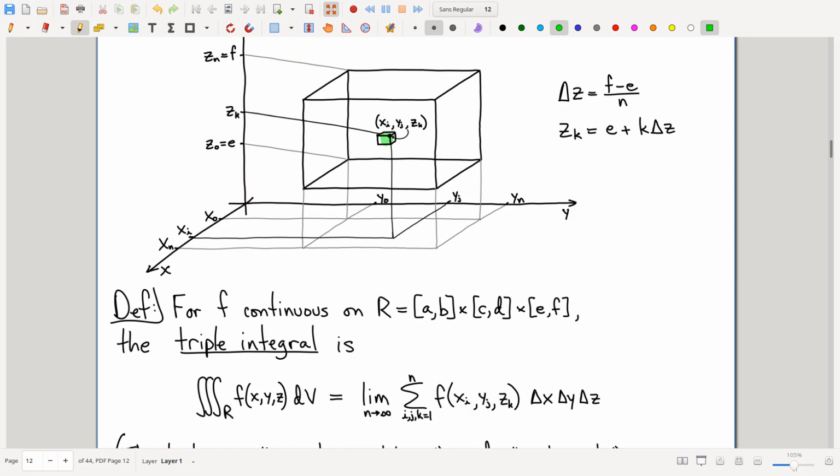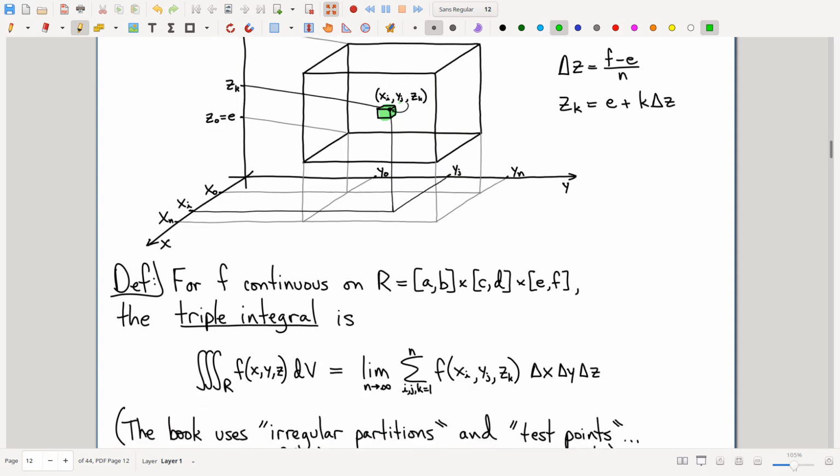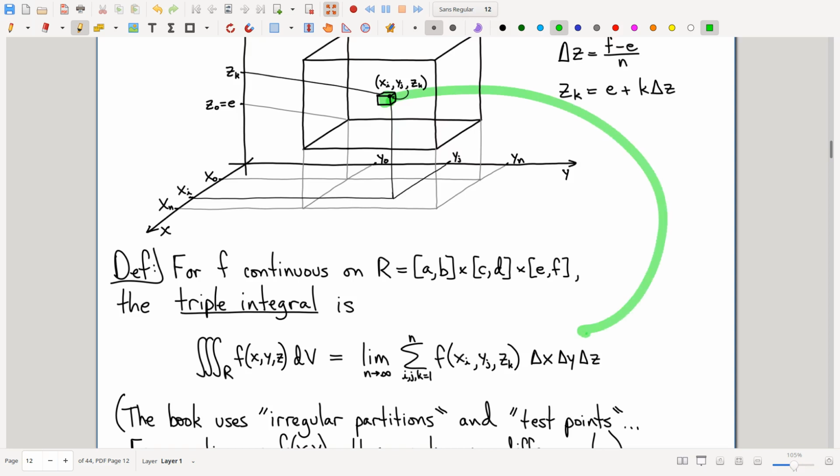So here's a little piece. If you want to compute the grand total amount of mass in here, I'm going to start by asking, well, how much mass is there in that one little piece? And as with every other integral that we've defined, double integrals and single variable integrals, the big idea is that density needs to be appropriate to the context.